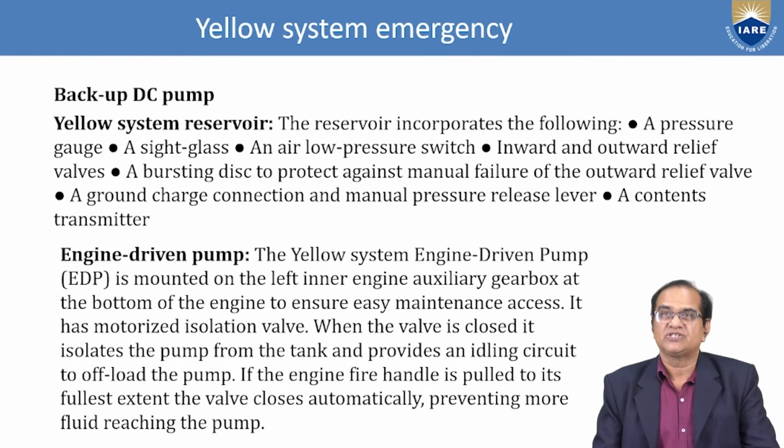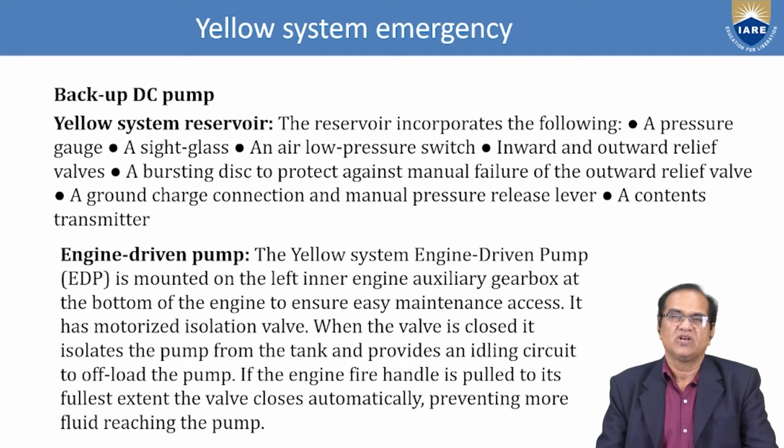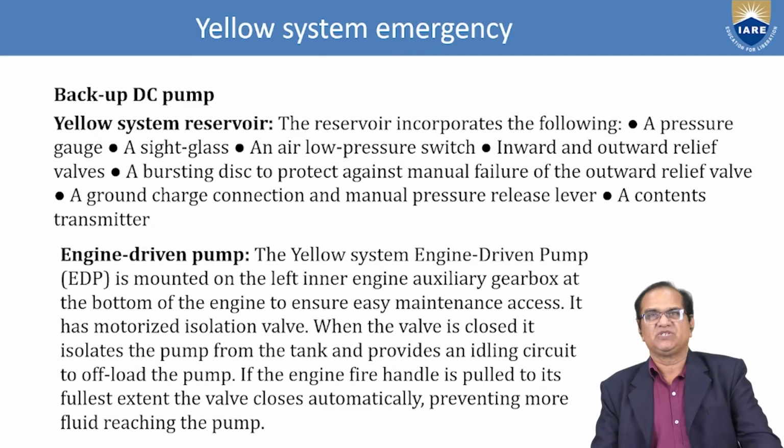Now, yellow system emergency. If the yellow system fails, what type of emergency is there and what procedures do we have to follow? If there is an emergency, then we have to operate the backup DC pump. Backup DC pump is used.